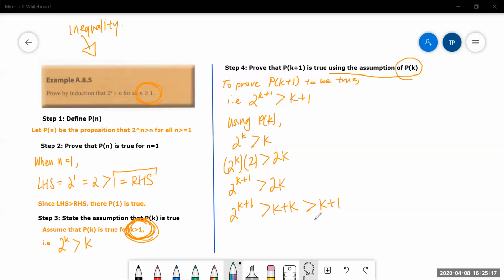Agree? So therefore, 2 to the power of k plus 1 will be greater than k plus 1. Then from here is just the standard conclusion again.